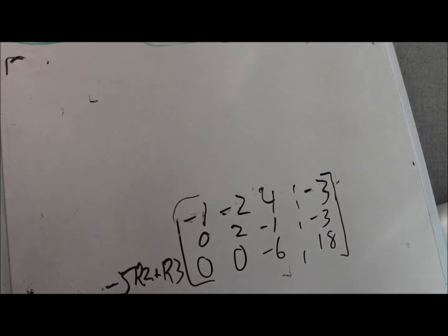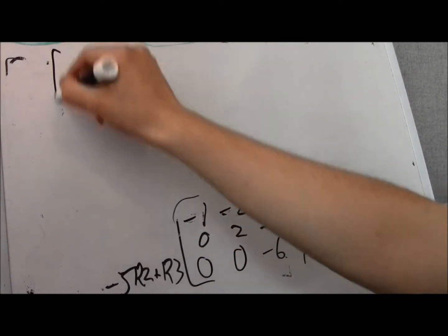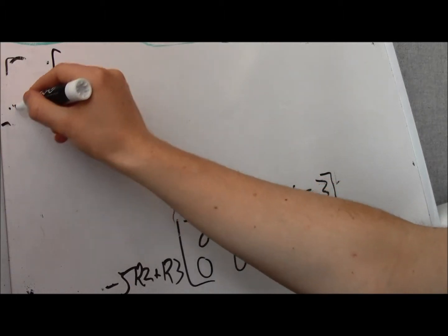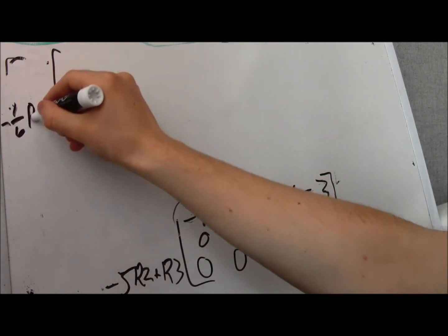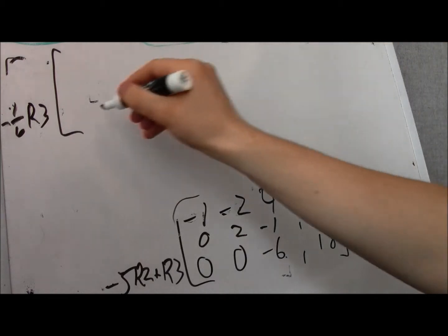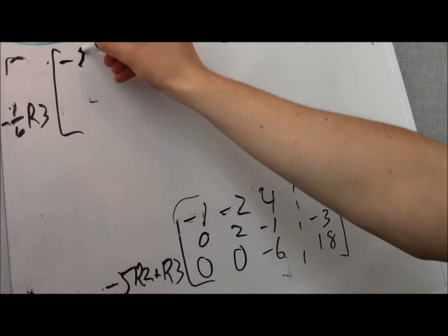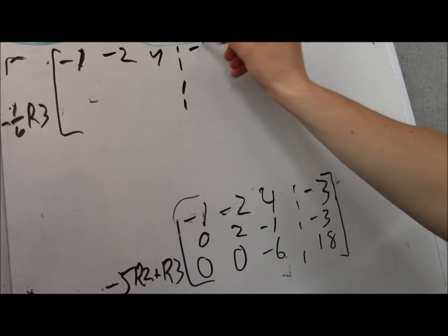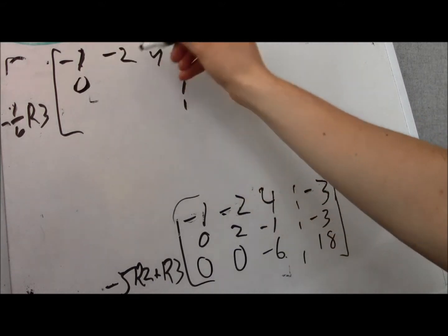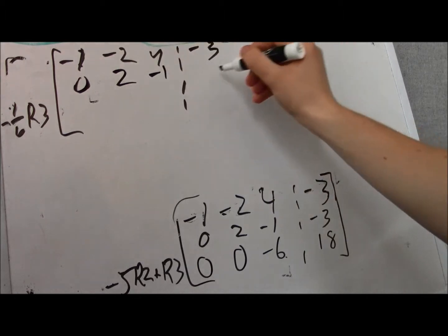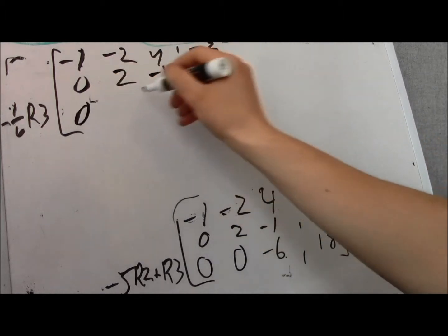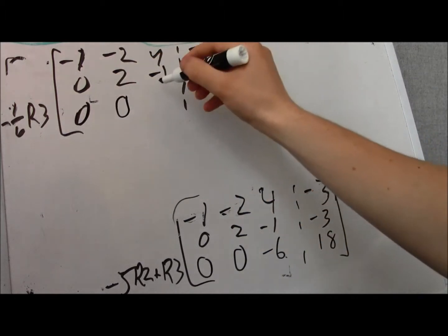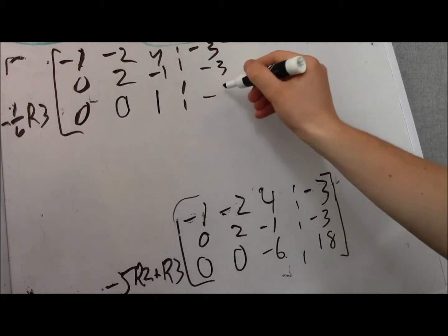Let's just make the numbers simple, so divide this row by -6. And again, they don't change. This row is just the same thing, divided by -6, so that's 1, -3.